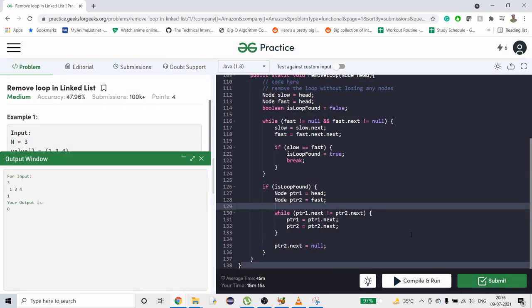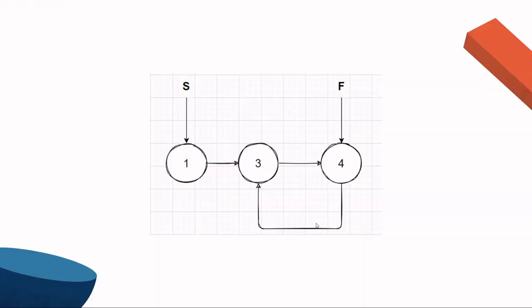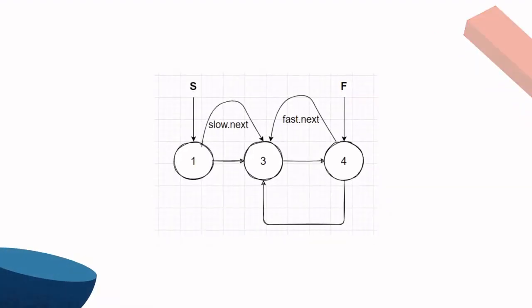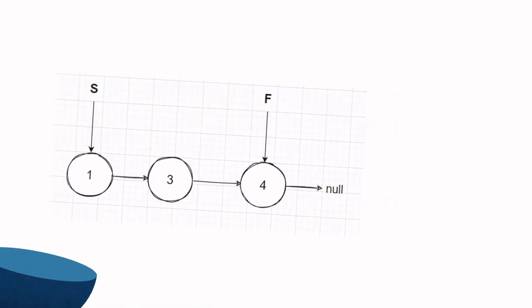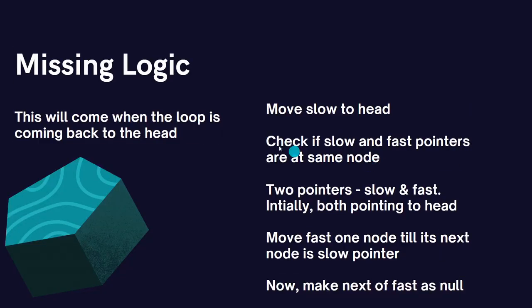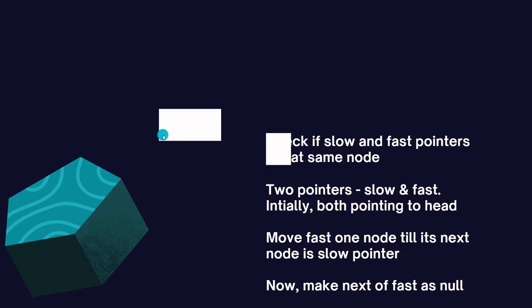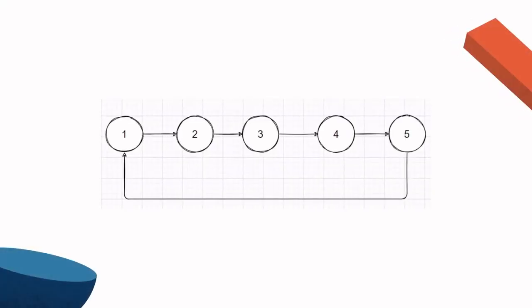Right, so why is it failing? Let's talk about this. This scenario is going to always fail in only one condition, when the loop is coming back to the head. Let's consider this example, 1 2 3 4 5, and this one is coming back to 1, right?